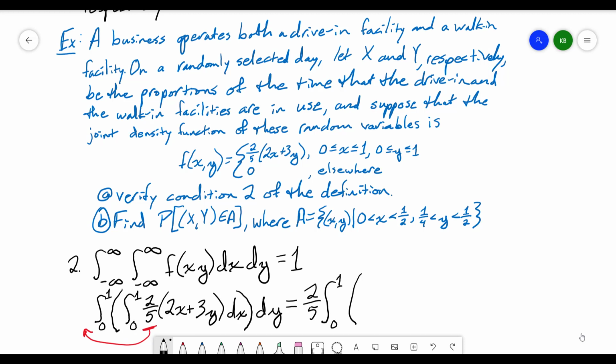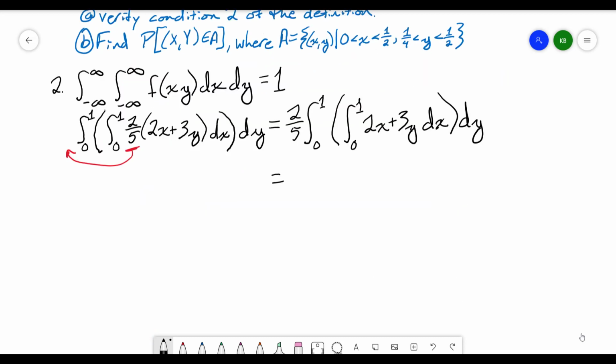And then I've got my parentheses with my integral 0 to 1 of 2x plus 3y dx, and my parentheses, and then dy. Following order of operations, I need to do everything inside of my parentheses first. So I'm going to leave everything outside alone. So I've got 2/5, the integral from 0 to 1, something happening in my parentheses, and then a dy.